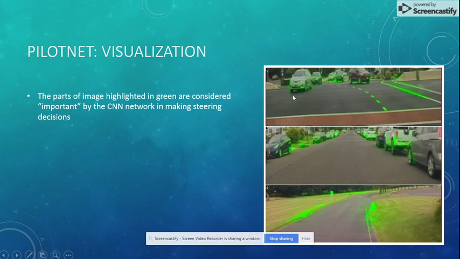These are called the salient objects, and they are highlighted in green. As you can see, even the edges of the lane, which are highlighted in green, are understood by the neural network as important in keeping the steering angle.